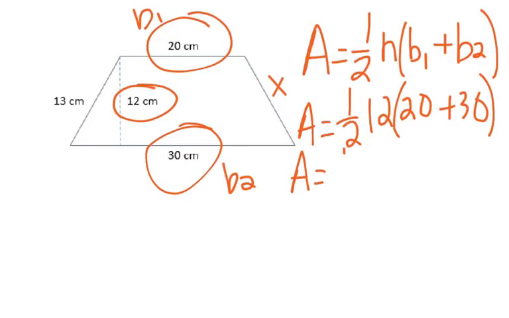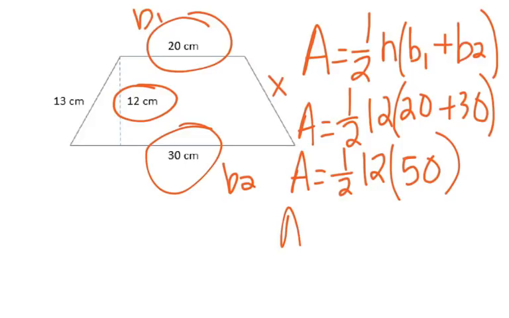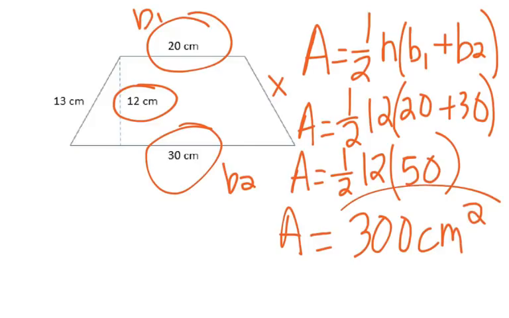So A equals 1/2 multiplied by 12 multiplied by 50. Okay? And now, since multiplication is commutative, I'm going to do 12 times 50, which is 600. And then half of 600 is 300. So the area here is 300 centimeters squared.